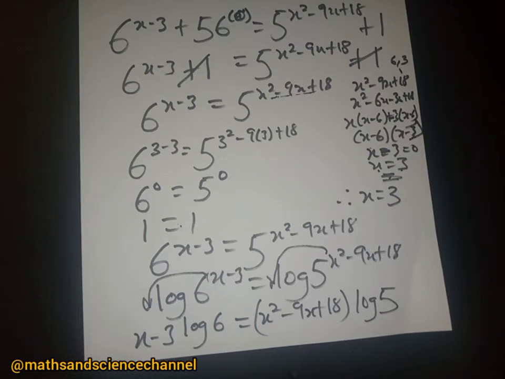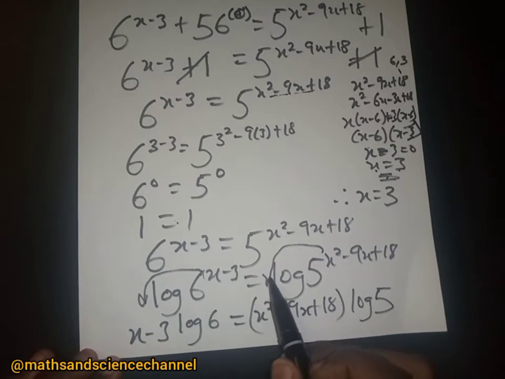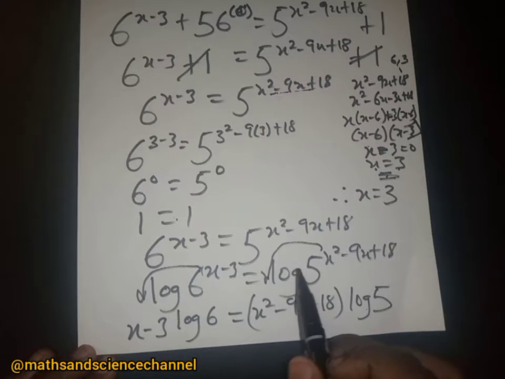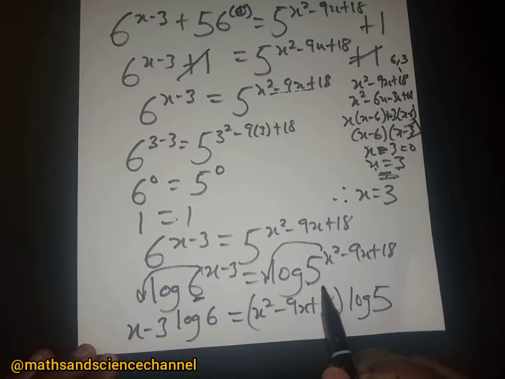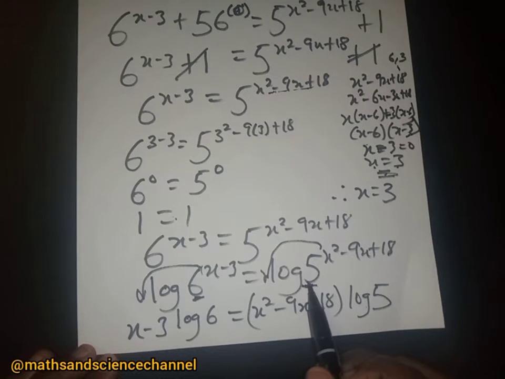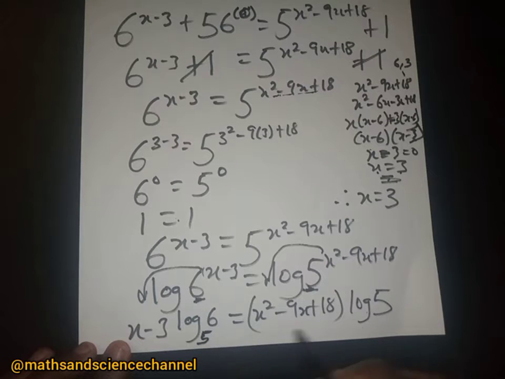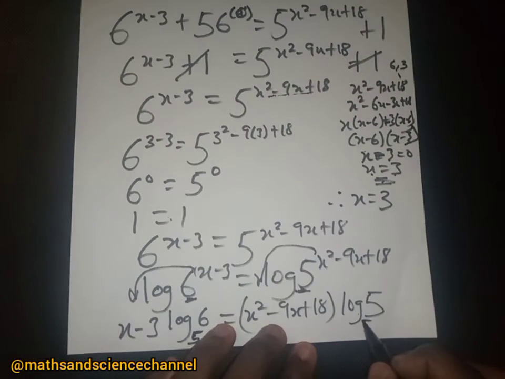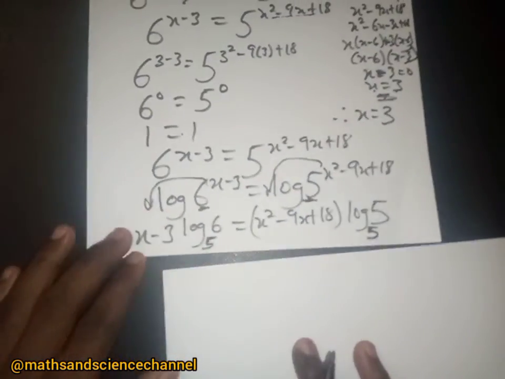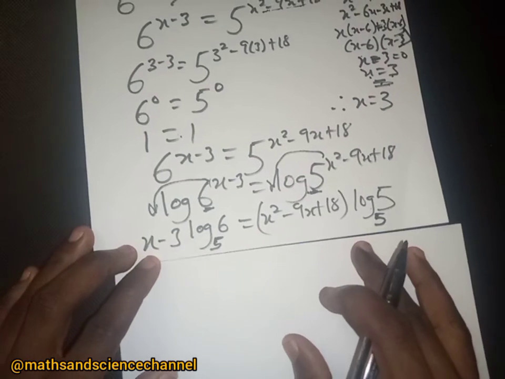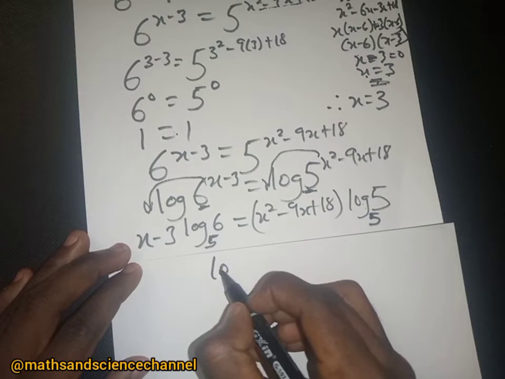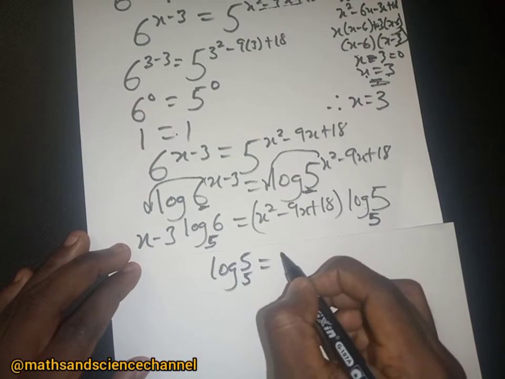But first, when we apply the log, we must choose a base, right? We have a base of 6 here and a base of 5 here, so we have to take the smallest base. So let's take the smallest base, which is 5. Then since we have log base 5 of 5 here, know that log base 5 of 5 is just 1, right?